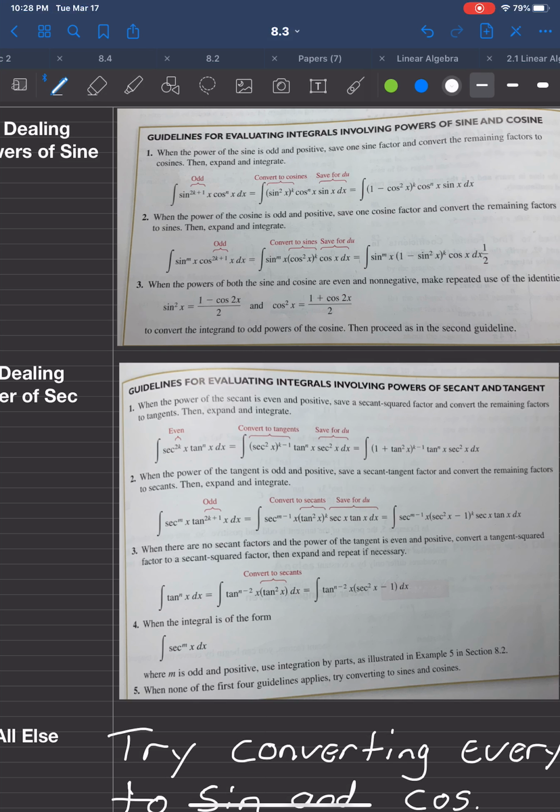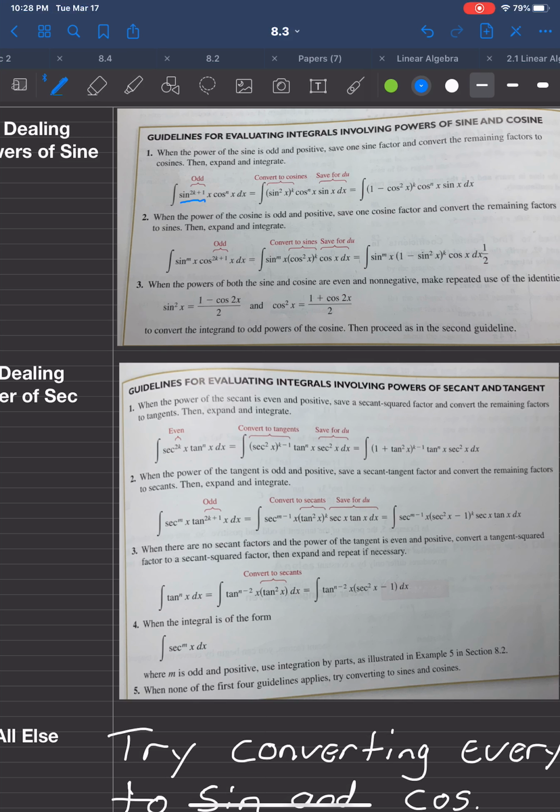So notice that what they're saying here is, when you're dealing with sines and cosines in your integrand, and that is what we have in example 1, we have a sine cubed times cosine to the 4th, you have some choices, and the choices are dependent on whether the powers of sine are odd or even or positive or negative.